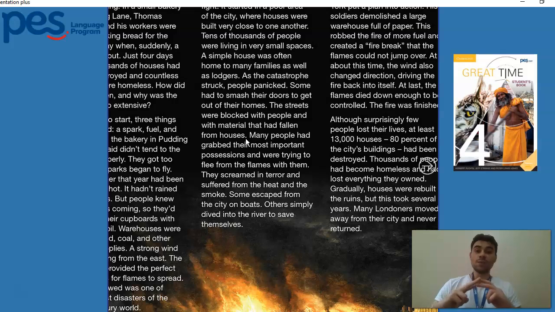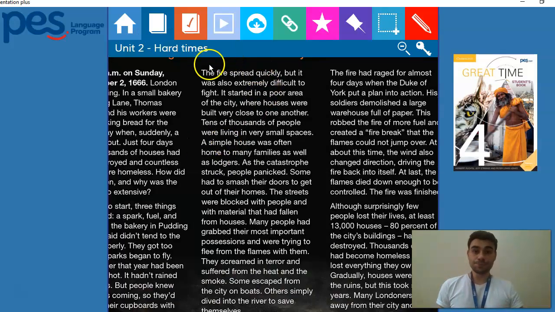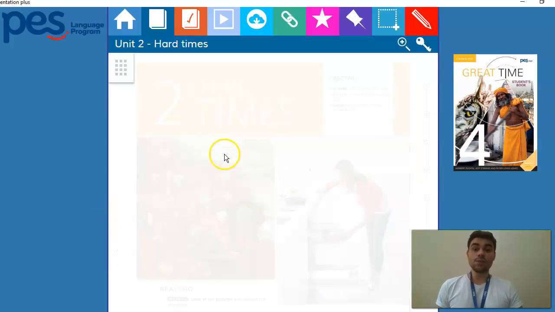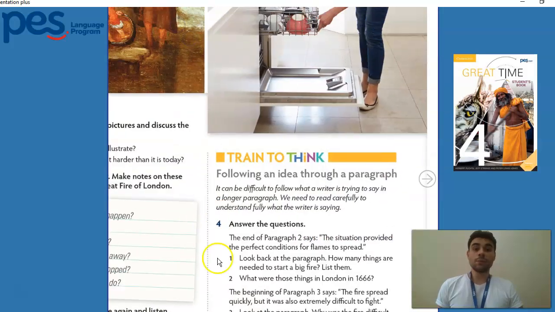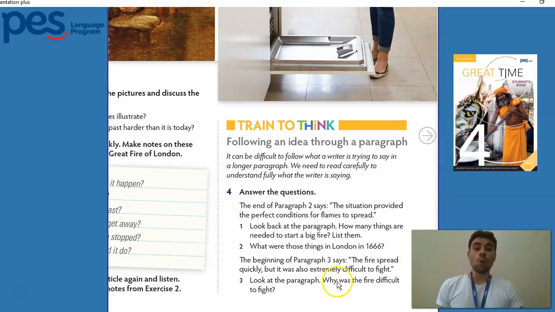So these two things made the fire very difficult to fight. Okay, so this is the answer for question number 3. Why was the fire difficult to fight? Well, because the houses were built very close to one another and the streets were filled with people and materials that had fallen from the other houses.